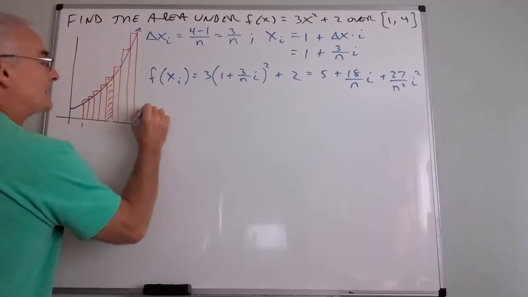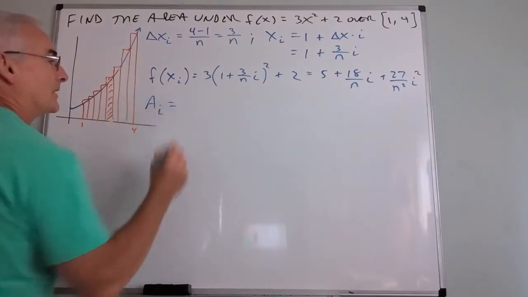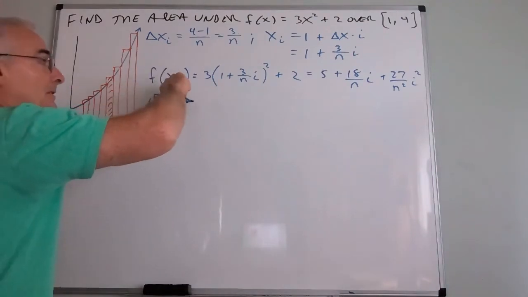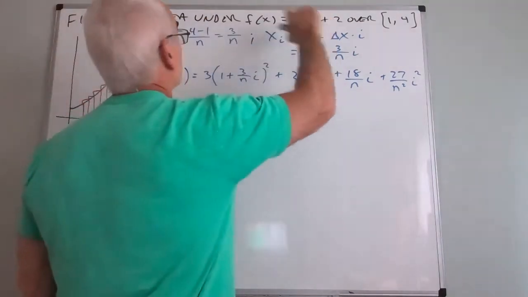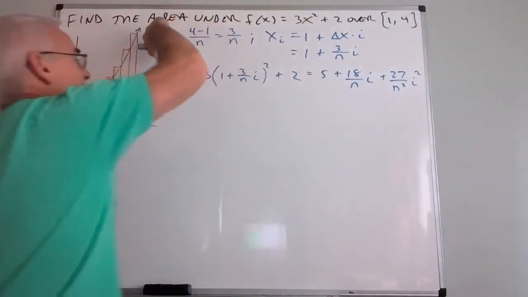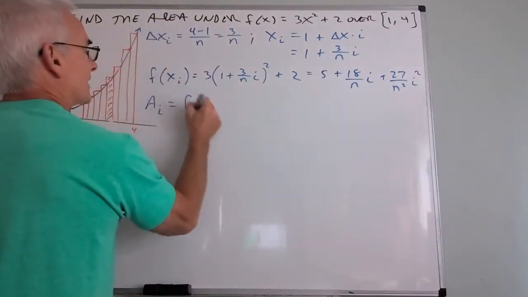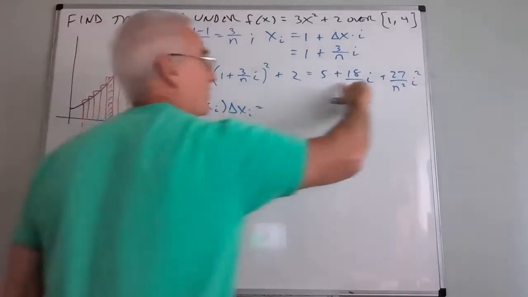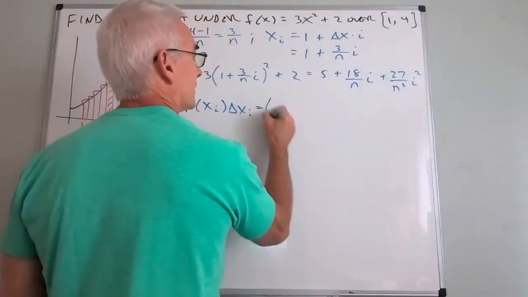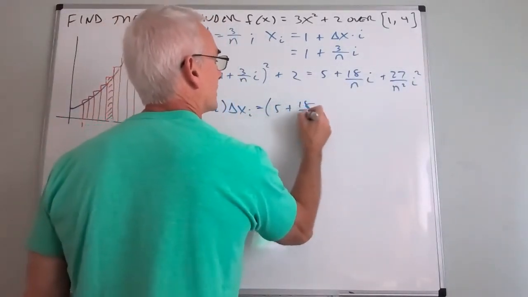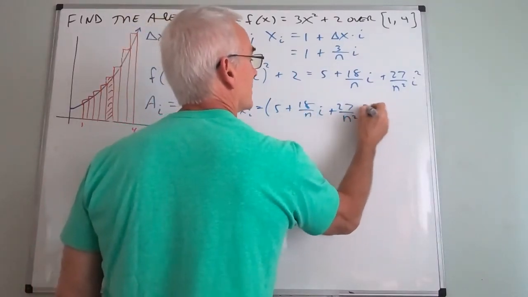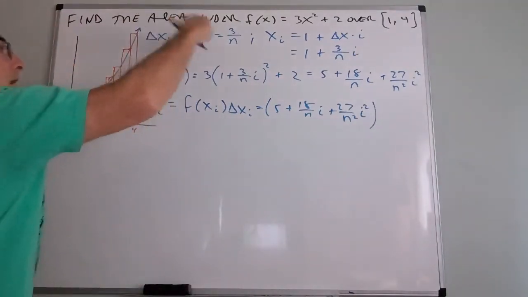So then what is the ith area? The ith area, this exact area, is going to be this times this. So this is f of xi times delta x, which is this times this.